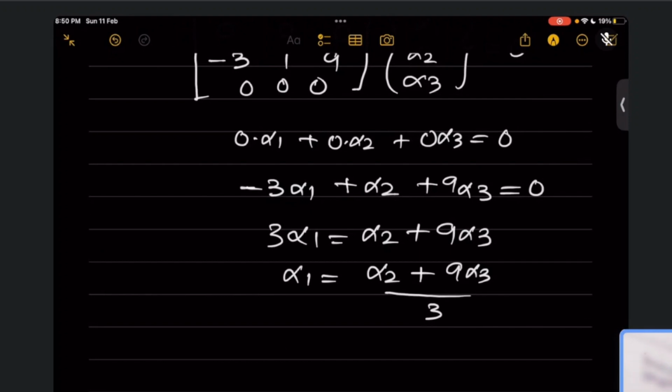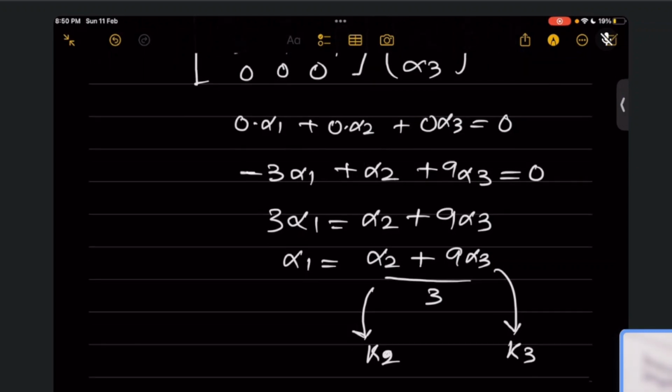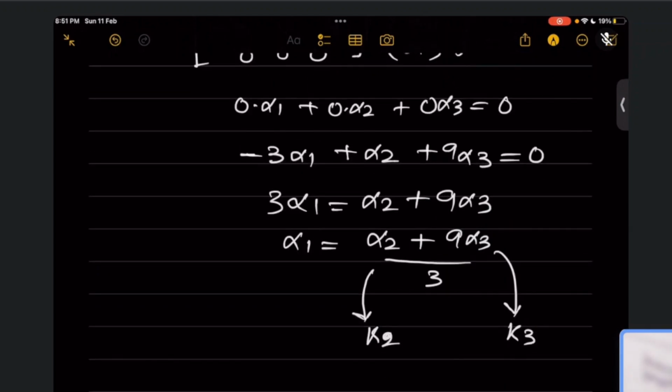So here you can choose alpha 2 to be K2 and alpha 3 to be K3, because only one equation is there now. You can find only one unknown, which is alpha 1. Now alpha 2 and alpha 3 you can choose, so choose them as K2 and K3. Then what is the vector v going to be?